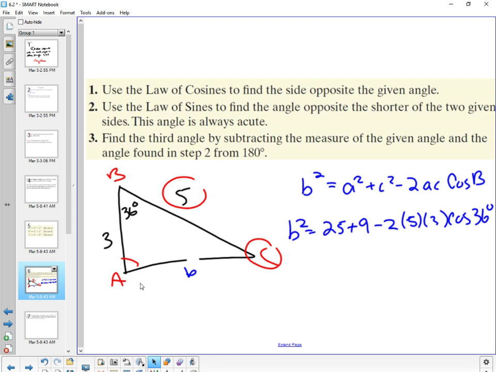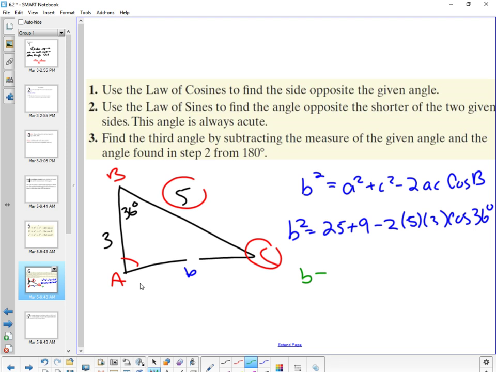I plugged everything in. If you plugged all that in, wrote that on your test paper, and then used your calculator, punched it all in and hit enter, that's cool with me. What did you get? 37.83. So little b, did you square root it? Oh, crap. Because that would not be a triangle, would it? Hold on.